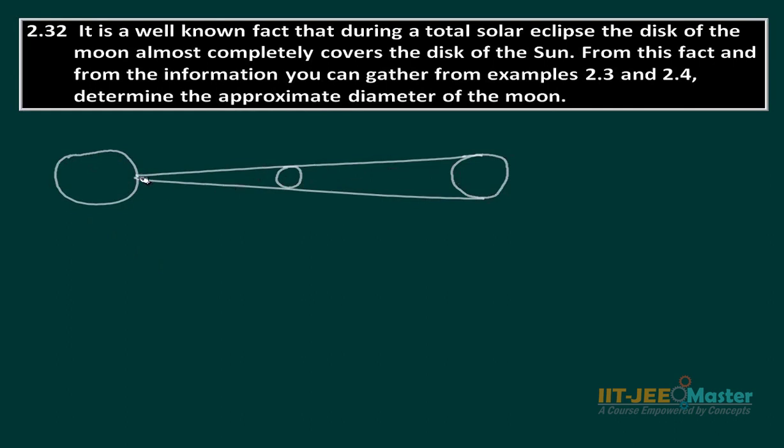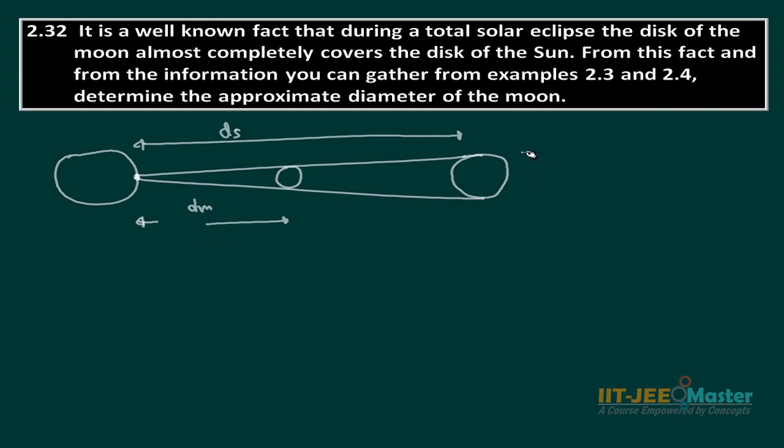And here there will be a spot where you will see the total solar eclipse. This is the distance between moon and earth, and this is the distance between sun and earth.